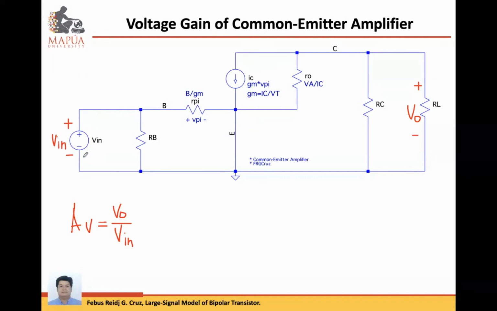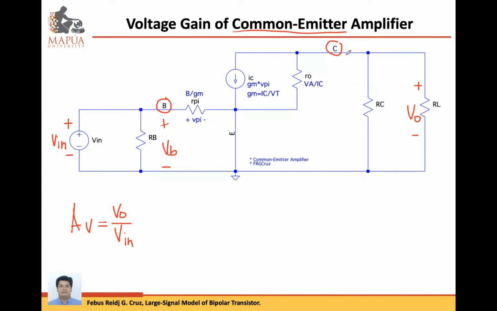Then for us to determine the voltage gain, what we can do is trace the flow of the voltage. So again, we have the common-emitter amplifier. The input will be base, so the input voltage will be applied to the transistor as the base voltage. And as a common emitter, the output is the collector.